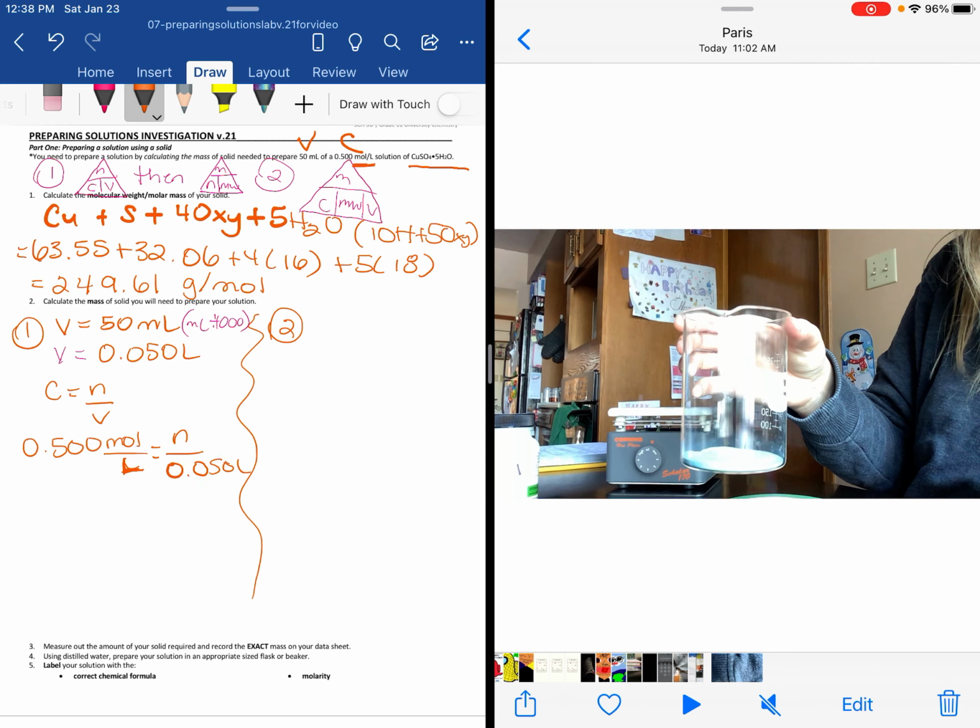0.050 liters. So again, when you do dimensional analysis, now you can see that the 0.05 is in the bottom. Dividing, the inverse operation is multiply. So we have to multiply on both sides.